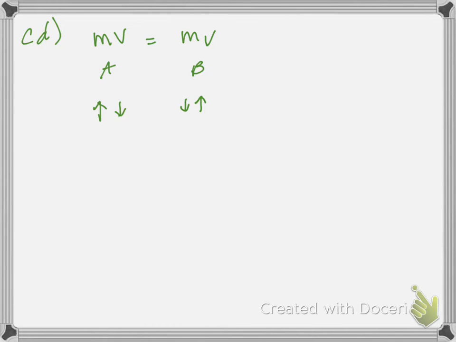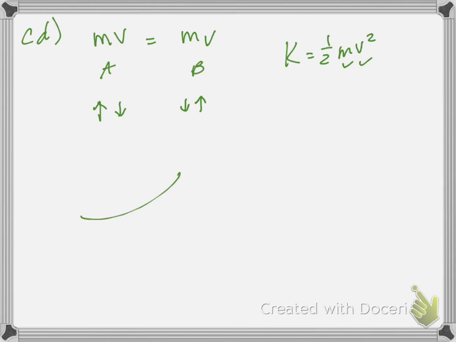If the mass is twice as big, the velocity is half as big, etc. Then when we head over to our kinetic energy formula here, this favors the object with the lower mass and the higher velocity because the velocity is squared. Now, we've had that conversation before. If you're still unsure, let me know and we'll have it again. So that tells us that disk B has greater kinetic energy, right?